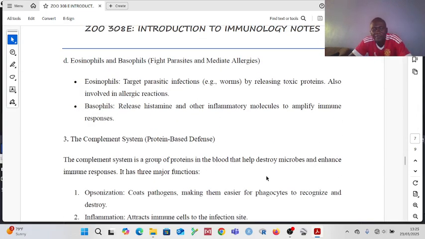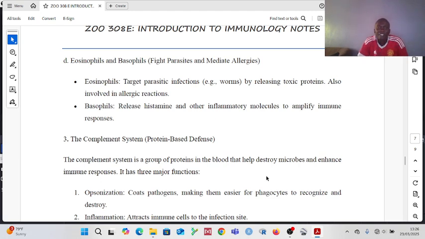The last type of these cells, as a component of the innate immune system, are the eosinophils and the basophils. Okay, so these are cells that fight parasites and mediate allergies.